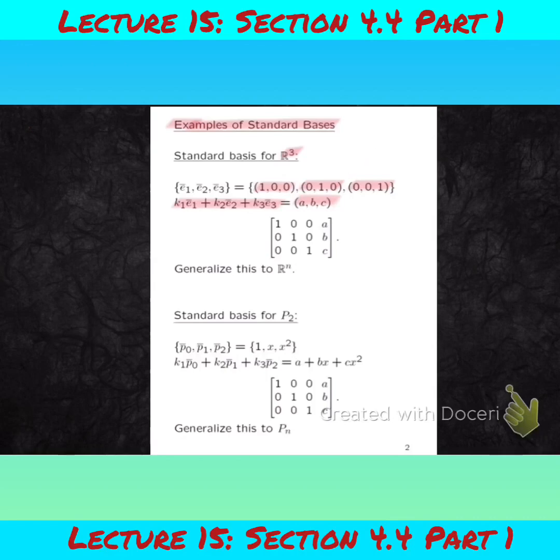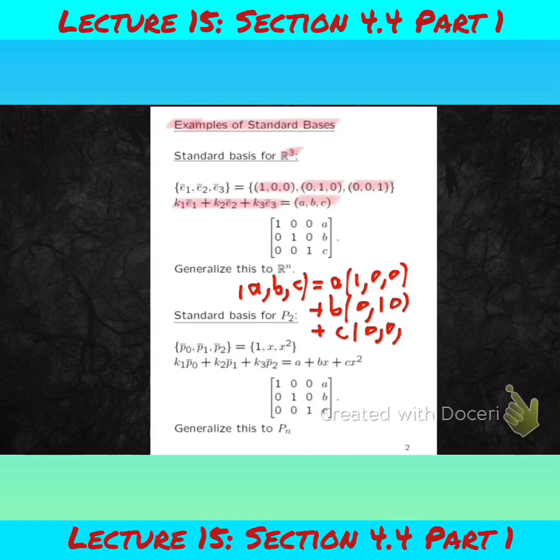So you can express any vector as a linear combination of the standard vectors. For example, you can take (a, b, c) and write that as a times the first standard unit vector, plus b times the second standard unit vector, plus c times the third standard unit vector.